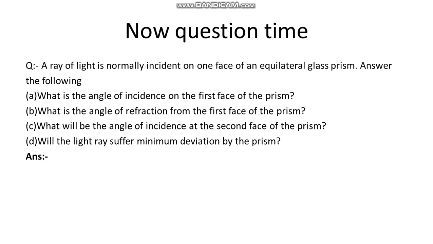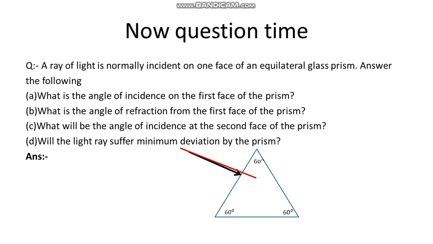What is the angle of incidence on the first face of the prism? See, this is an equilateral glass prism, that means the angle is 60 degree. Now a ray of light, this is a normal, incident normally. When it is incident normally, what is the angle of incidence here? That is 0. So your first answer is 0.